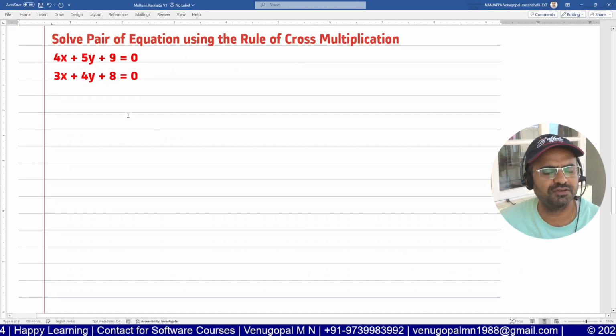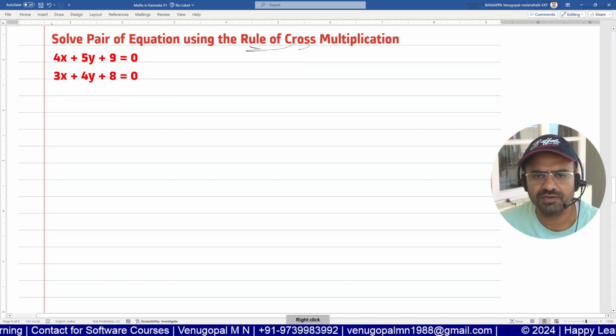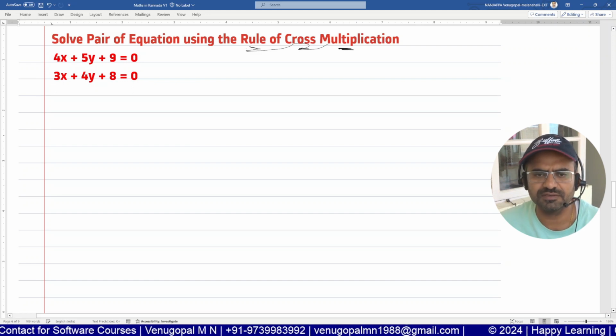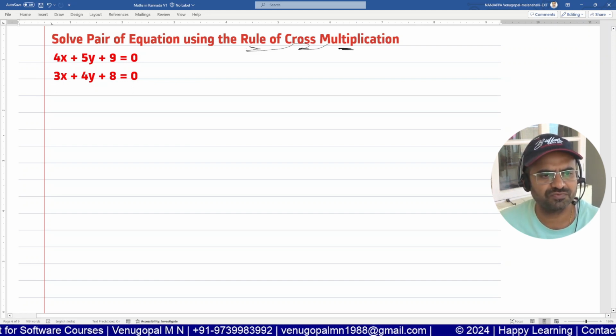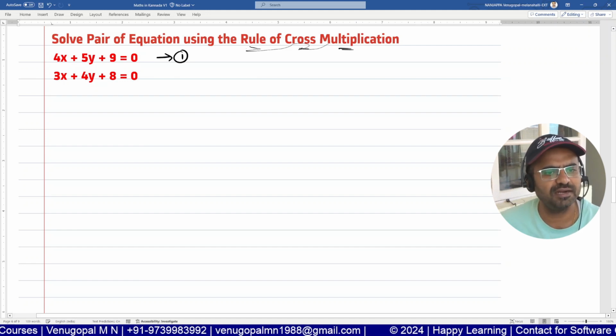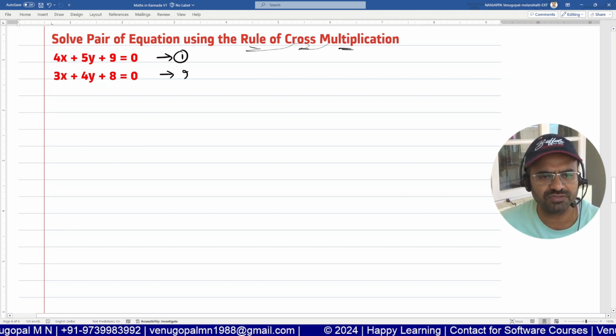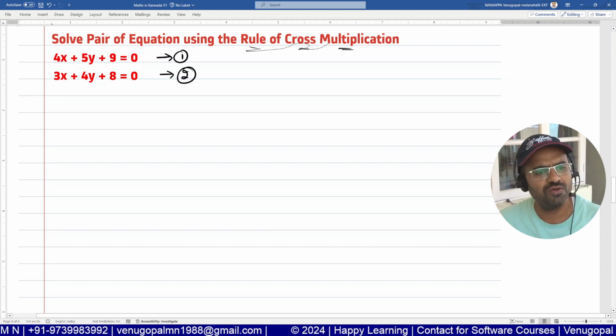The given problem is to solve the pair of equations using the rule of cross multiplication. 4x plus 5y plus 9 is equal to 0, which we call equation 1, and 3x plus 4y plus 8 is equal to 0, which we call equation 2. Very simple.